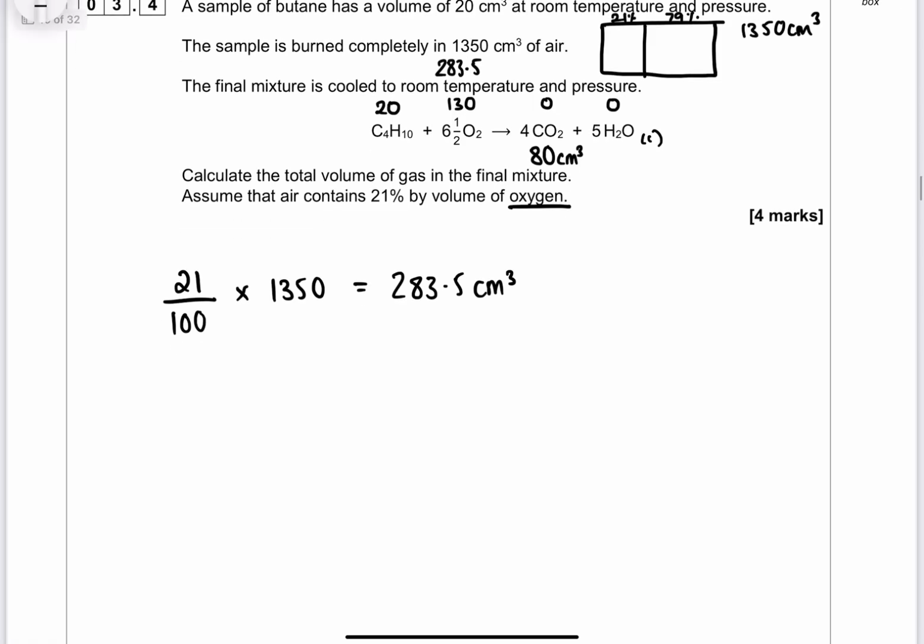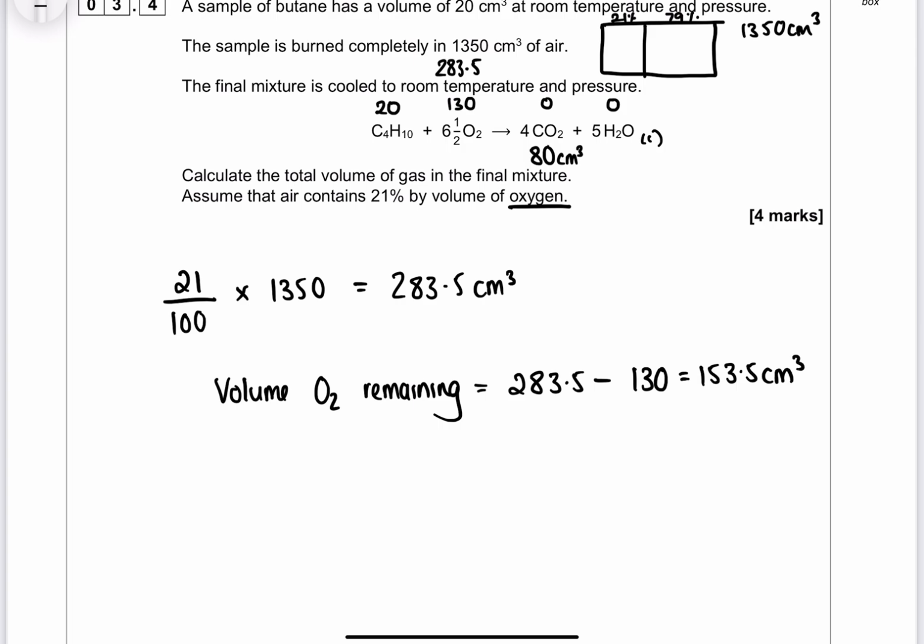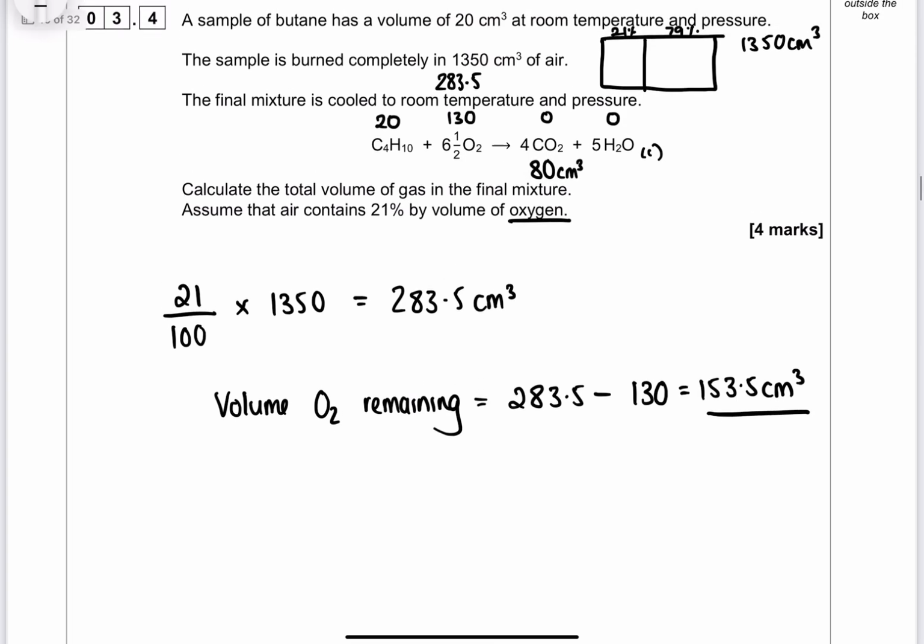I'm going to subtract, so not the moles, the volume of O2 remaining equals 283.5 minus the 130 that we were going to use up, 153.5 centimetres cubed. So I've got this much oxygen remaining.